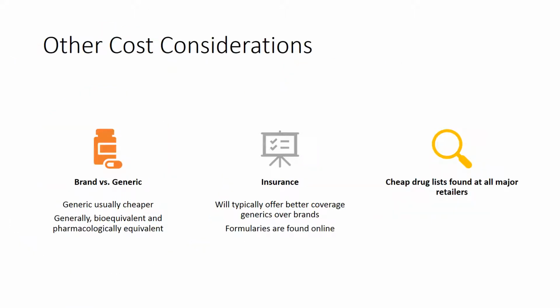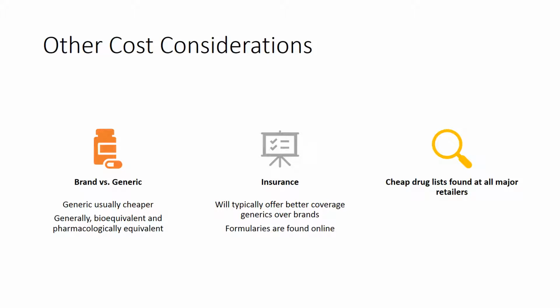So briefly, I just wanted to present a slide on a few other cost considerations that will be important when working with your patients in the future. So the first is brand versus generic. And some patients don't always understand the difference, and some patients may think incorrectly that generics aren't as effective.